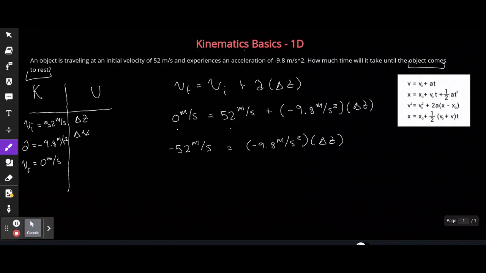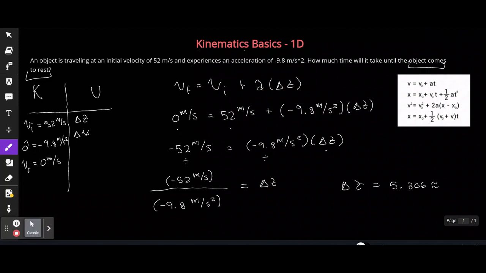Now, to isolate delta t, we divide both sides by the acceleration, so we have negative 52 meters per second divided by negative 9.8 meters per second squared, which is equal to our delta t. Using a calculator, we see that our elapsed time is equal to 5.306, or about 5.31 seconds.